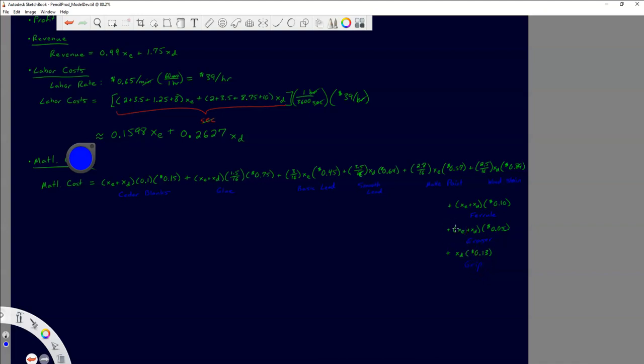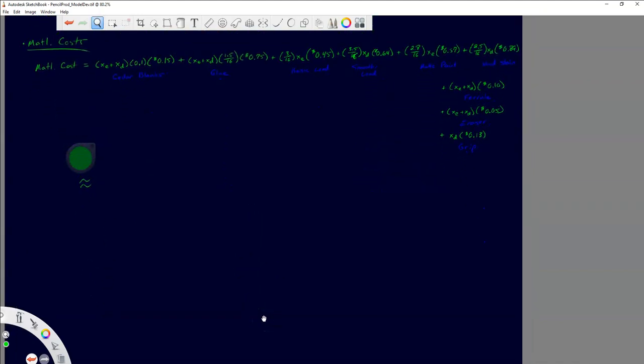And again, it looks a little bit complicated, but this is just a bunch of algebraic terms, and really we can collect like terms here and get something that looks very similar to this right here, where we've got a coefficient times x sub e and a coefficient times x sub d. So I will just write that right here, that this is going to be approximately some value. And so let's move this up to the top.